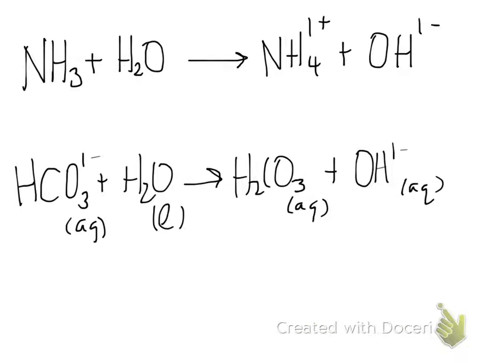In our first example, who gives up a proton? H2O. It gives up the proton, so it is the acid. If it is a proton donor, it is a Bronsted-Lowry acid. Who accepts the proton? Ammonia.